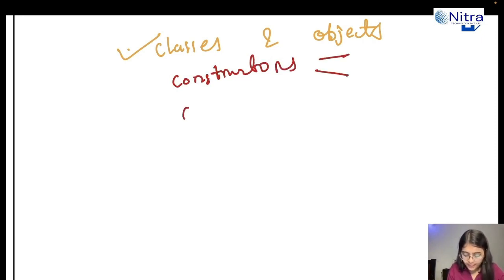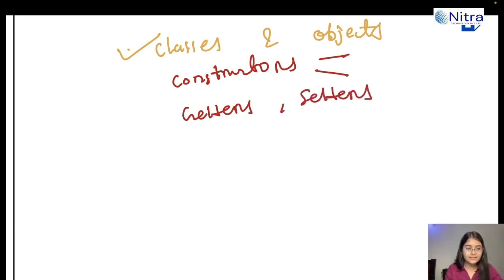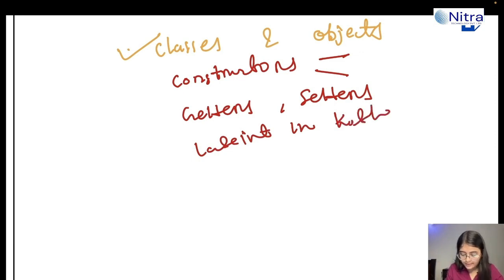After that, we also understood the theory part of getters and setters, and lateinit, a very significant keyword in Kotlin. The keyword is self-explanatory: whatever we want to initialize later, not immediately. So if you want to create a variable and give it a value later on, you can use the lateinit keyword in the class.